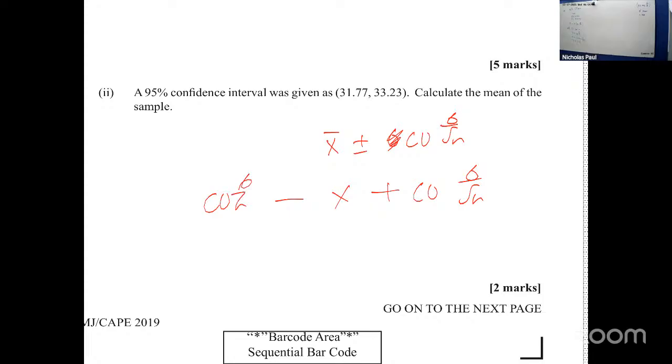So when you have your lower boundary of 31.77 and an upper boundary of 33.23, it means that your X bar is right in the middle of two of them. Same width on either side, right? So add it up and divide by 2, and you got what? 32.5.